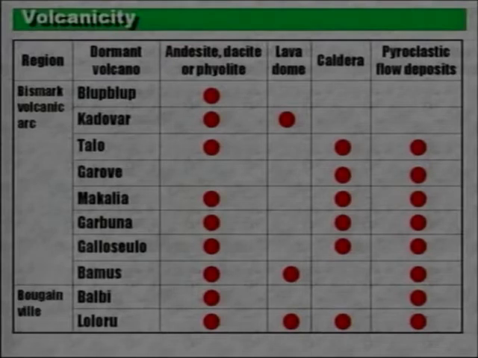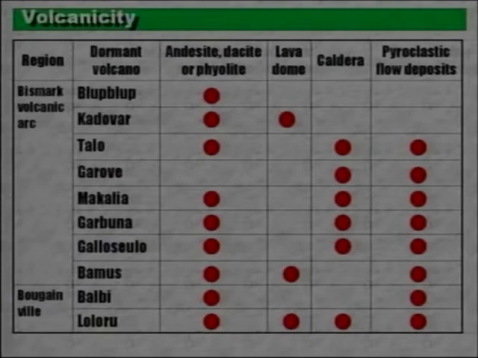So if you look at the information from the worksheet, or you can refer to the monitor, the regions that we've talked about, we can see that now from the first column. And here we have the Bismarck Volcanic Arc. Within the Bismarck Volcanic Arc, you have some volcanoes which are dormant, which means they are sleeping. They can erupt anytime. And examples of those volcanoes in the Bismarck Volcanic Arc are the Bam volcano.